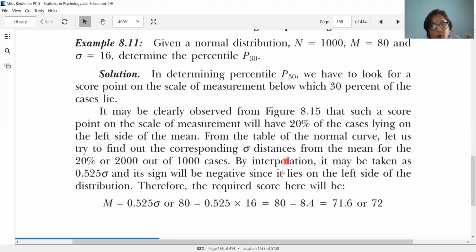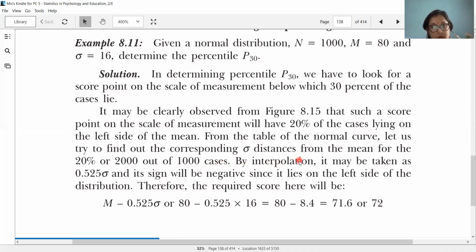So here we need to interpolate. Why we need to interpolate? We need to interpolate in order to find out the exact sigma distance. And by interpolation, as I have shown you the interpolation method in my previous sum, so you may understand about this interpolation.